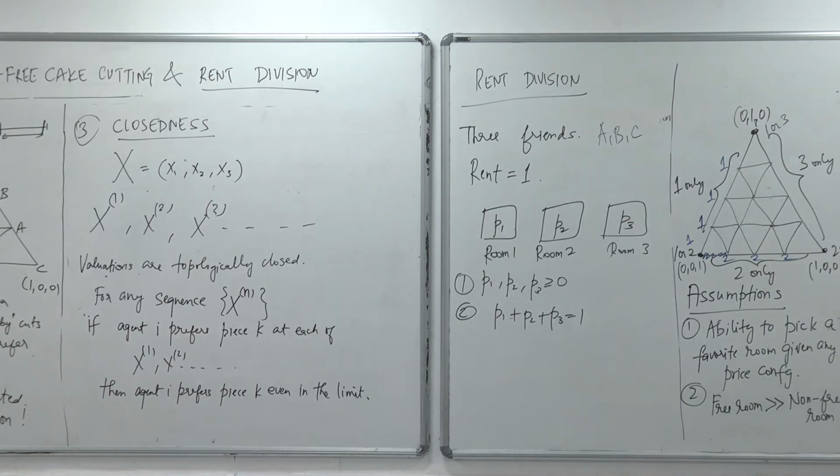That means that there exist 3 nearby price configurations where different people prefer different rooms. Once again, you can make the triangulations as fine as you want, compute an approximate rent division, and if you want exact rent division, make a closeness assumption. At least you can get existence of that rent division. Everybody with me so far?